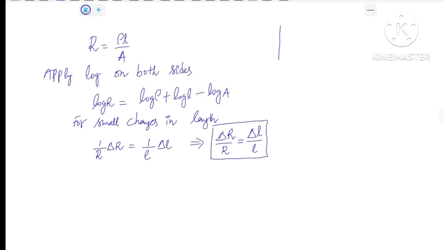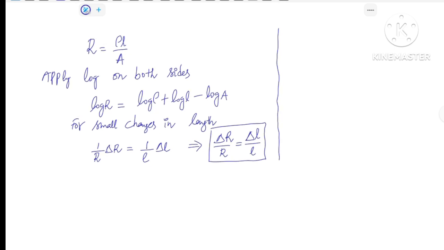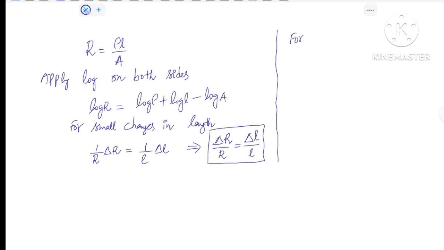Now we will see one more scenario where the area changes a little bit, maintaining the length as constant. For small changes in area, I am using the same equation.